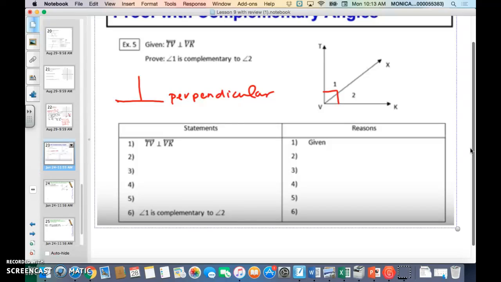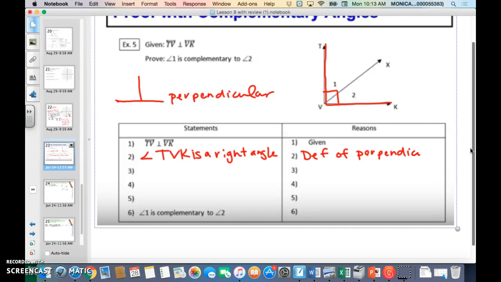All right, the next thing we know then is that the whole angle here makes a right angle. So we can now say that TVK is a right angle, and this is the definition of perpendicular lines, okay?